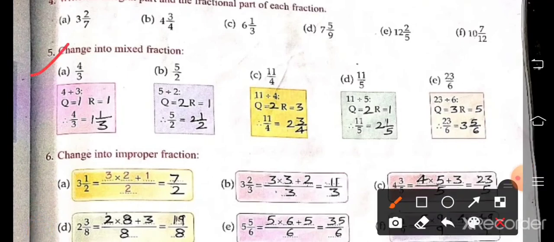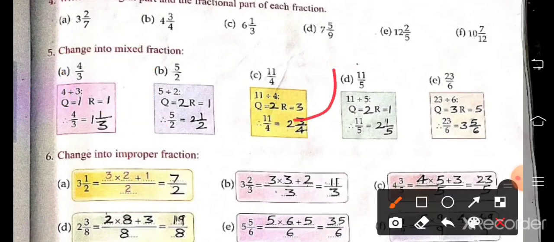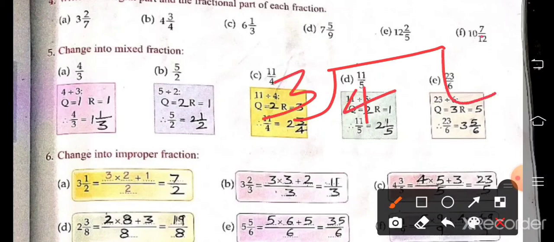Now question number 5, change into mixed fraction. Okay, so the fraction given is 4 upon 3. Change it into a mixed fraction. So for changing into a mixed fraction, divide 4 by 3. 3 ones are 3 and the remainder is 1.